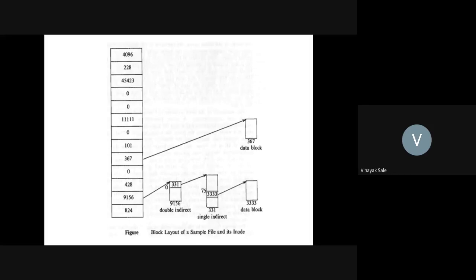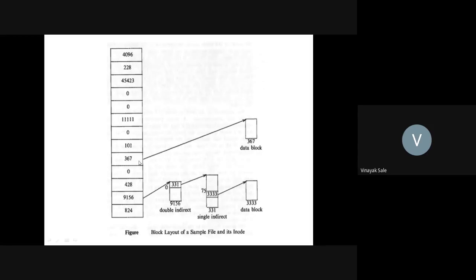So this is a figure of a sample file and its inode. This is a table index. Here we have taken one example, which is a direct access to a data block from the inode.